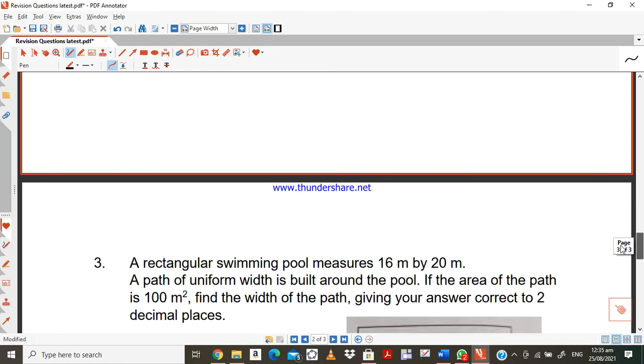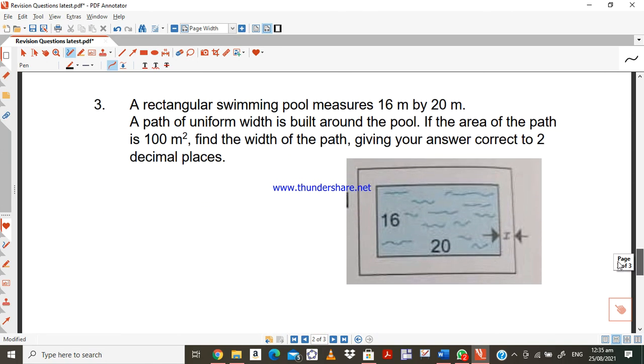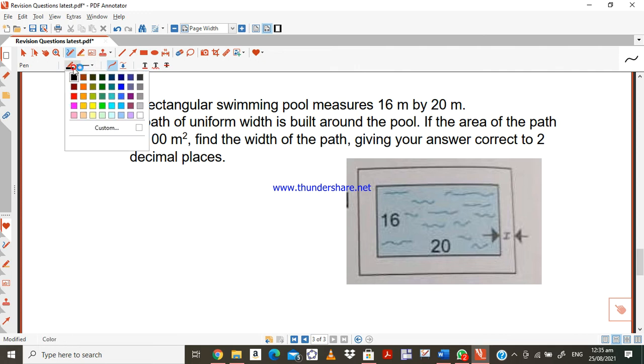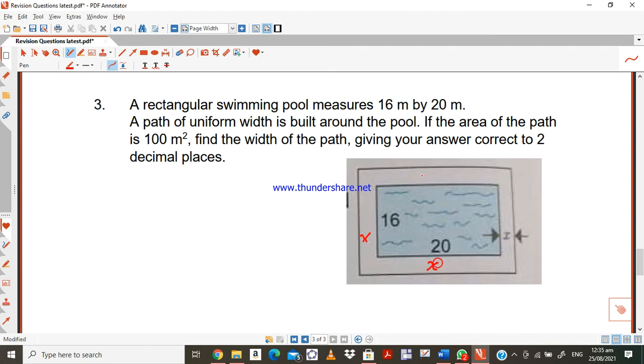Right, so there is another one, and it's the third one here. It says a rectangular swimming pool. When you look at this rectangular swimming pool, what is important is that this distance here is also x. This distance here is also x. So is that distance also x.